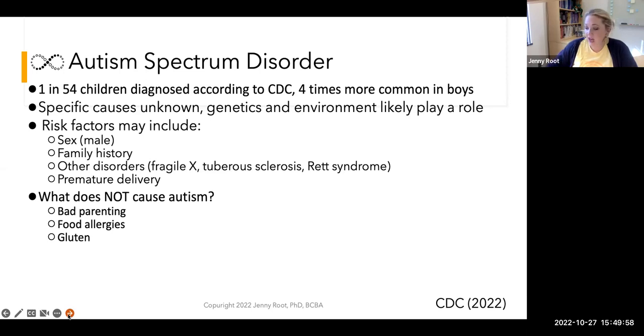We know that things like red dye or any artificial food coloring impacts behavior, ADHD as well. And that's why a lot of other countries have banned them. The intelligence of a parent is not going to cause autism, and vaccines do not cause autism.